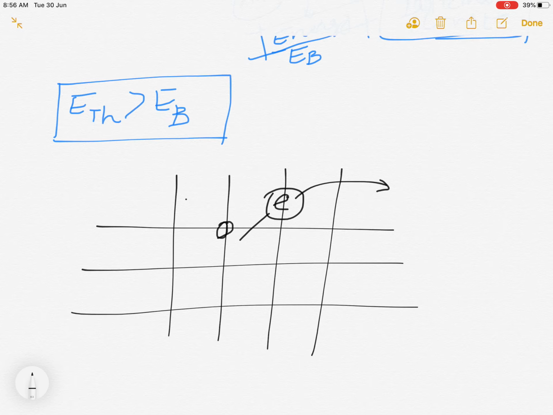There are other electrons as well; I am just showing some electrons for simplicity of the diagram. This electron will fill up this vacancy. As soon as this electron fills up that vacancy, it leaves a vacancy behind, so a vacancy is created here. Then if another electron fills that vacancy, a new vacancy is created.